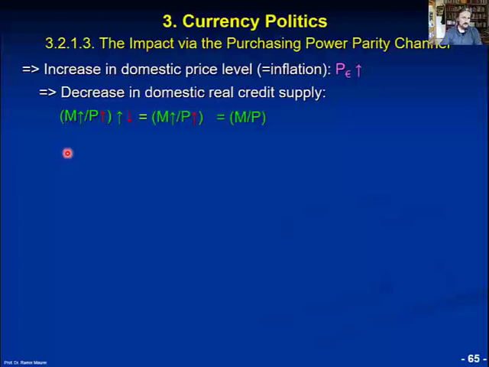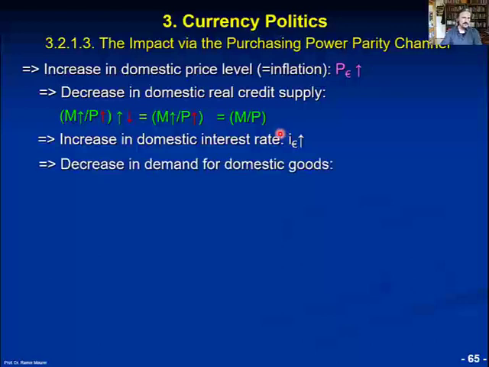So we are back to the initial level. The increase of prices reduces the purchasing power of the money printed by the central bank to the initial level. And this means that the interest rate will now go up again to the initial level. As a result, we will have a decrease in the demand for domestic goods. Consumption will fall, investment will fall, exports will fall, and imports will rise again.